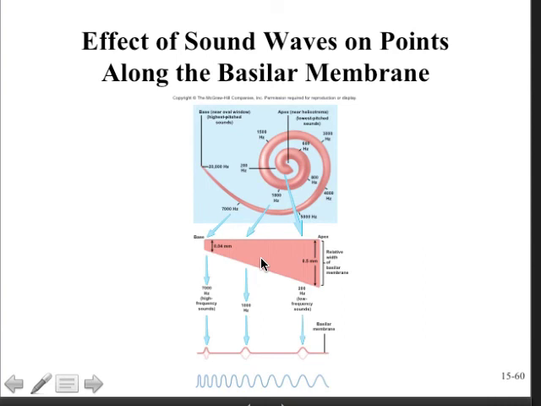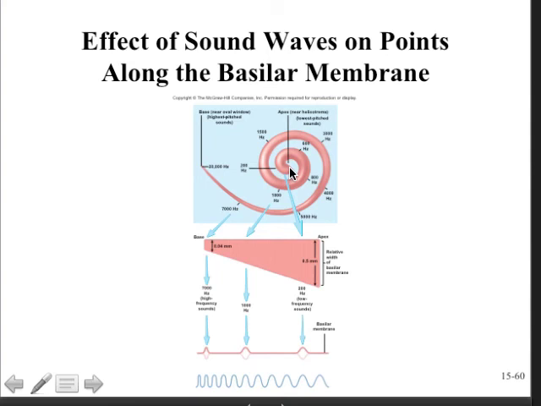This is just a diagram showing you how different parts of the cochlea respond to different frequencies and wavelengths. So what you'll notice here is that the higher pitched sounds are going to be picked up on that portion of the cochlea that is nearest the oval and round windows, and the lower frequencies, the lower pitches, are going to be picked up closer to the apex of the organ, which looks like the center of the snail shell from the outside.